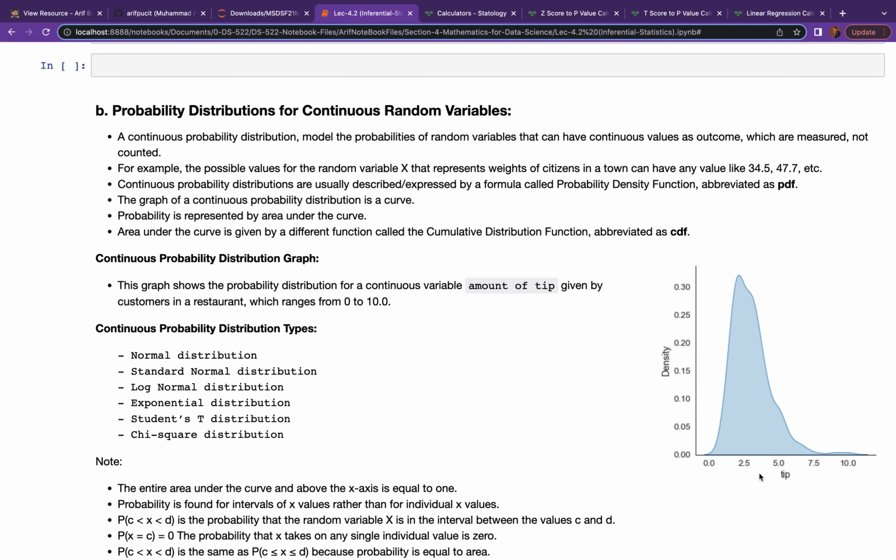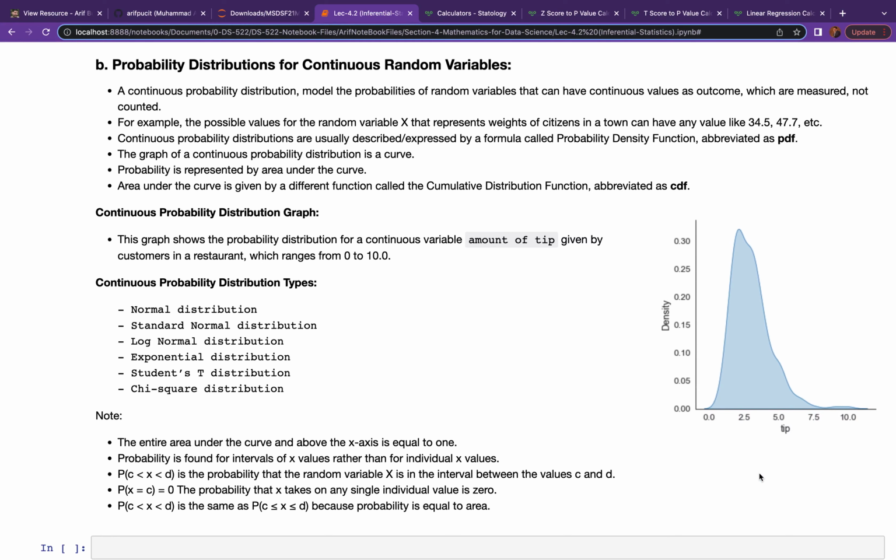Okay, let me move on to probability distributions for continuous random variables. Continuous probability distributions are used to model the probabilities of continuous random variables, or variables that are measured, not counted, like weight, height, distance, and so on.